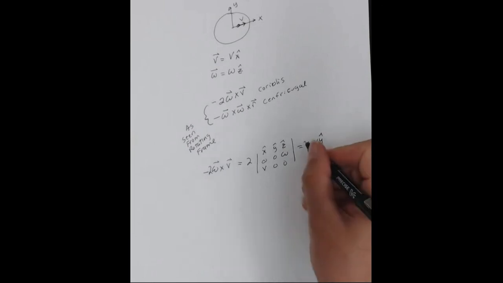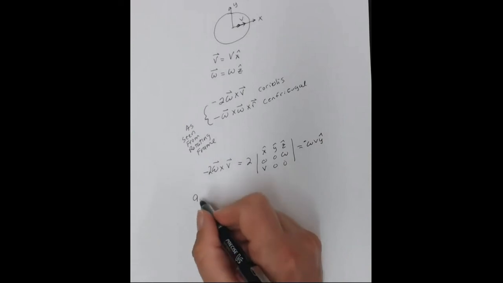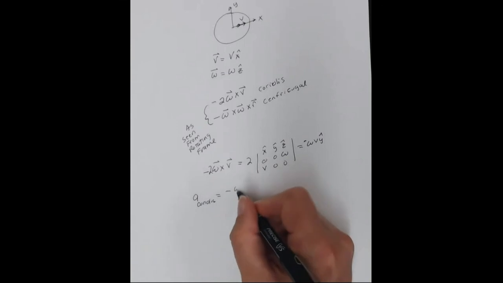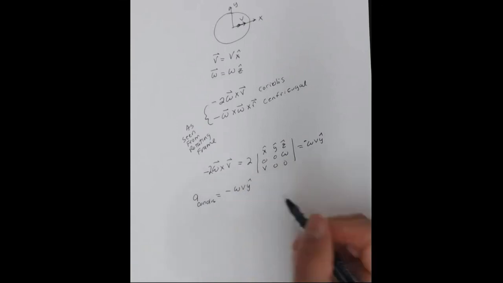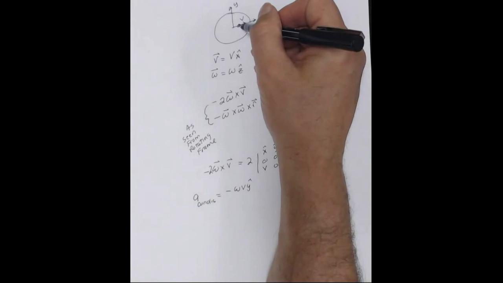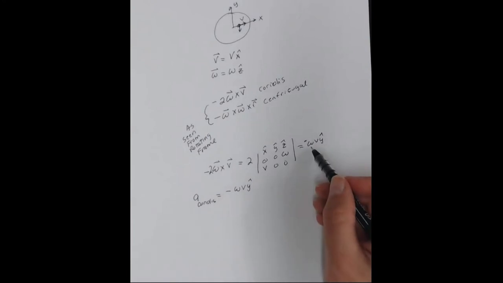So I forgot my negative sign. The acceleration that we'll call the Coriolis is equal to negative omega v in the y hat direction. So when you put a mass to it, he'll feel a force in that direction, equal to how fast the rotation is times his velocity.